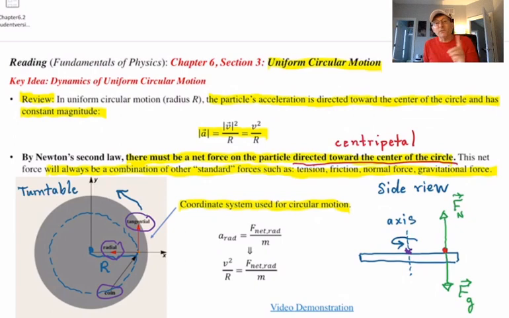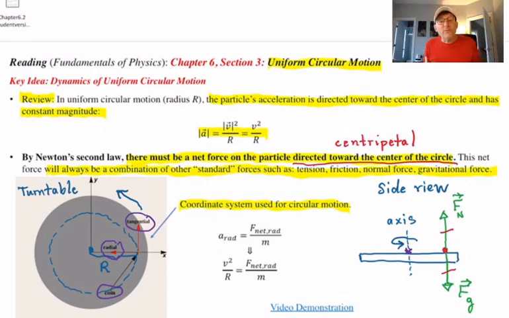And as the coin goes around in a horizontal circle, there is no vertical motion of the coin up and down. So there is no vertical acceleration. So there can't be any net vertical force. So I know that these two forces, F normal and F grav, just balance each other. So that's the story for the vertical direction.